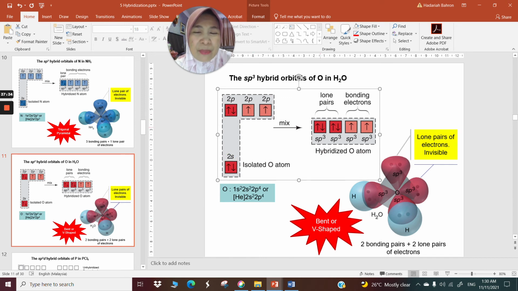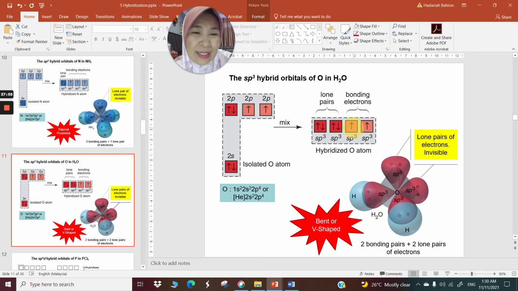You get 4 sp3, 1, 2, 3, 4, 4 sp3 hybrid orbitals. When you arrange the electrons in those hybrid orbitals, you end up with 2 lone pairs of electrons and 2 singly occupied, and these single electrons are ready to pair up with 2 hydrogens.